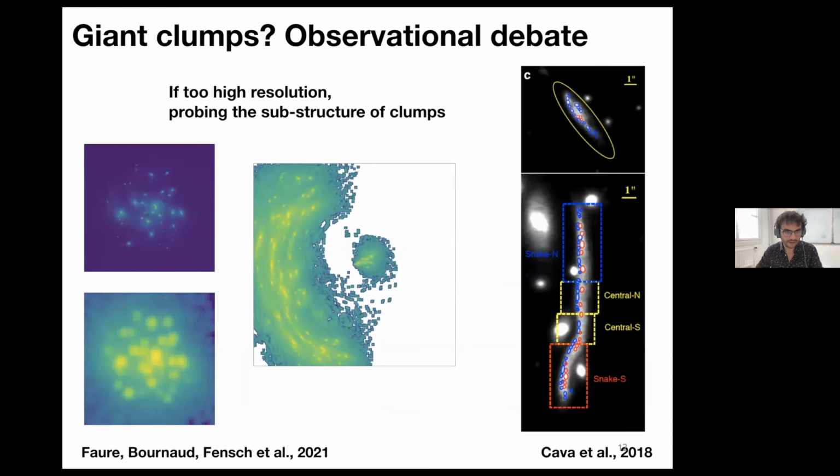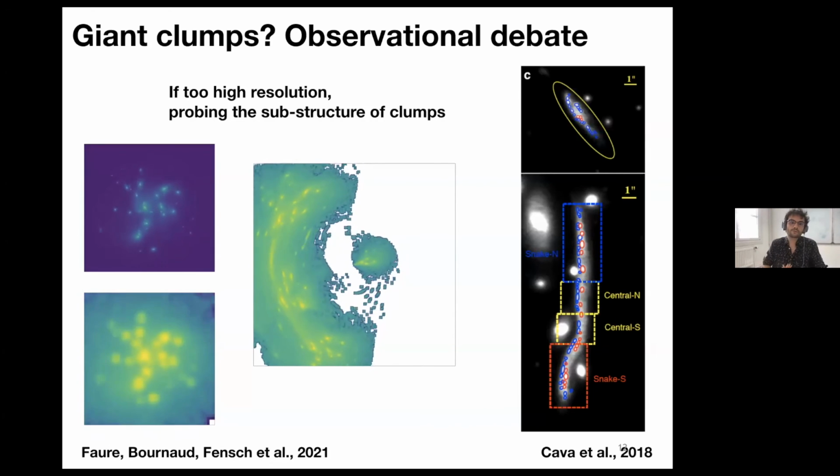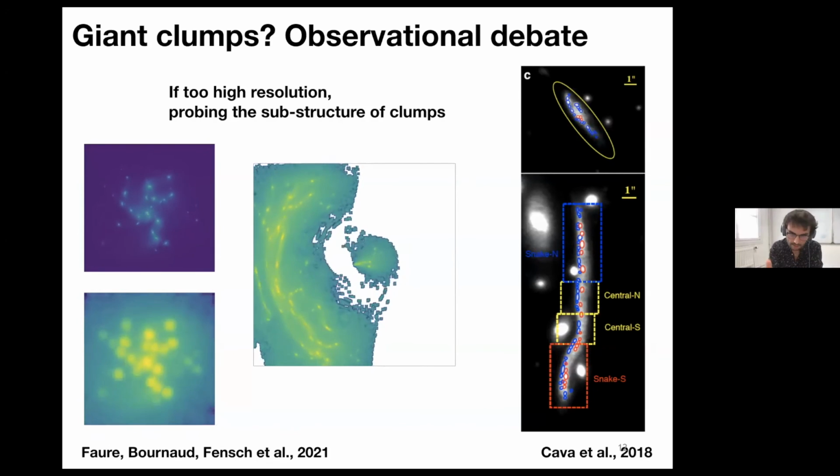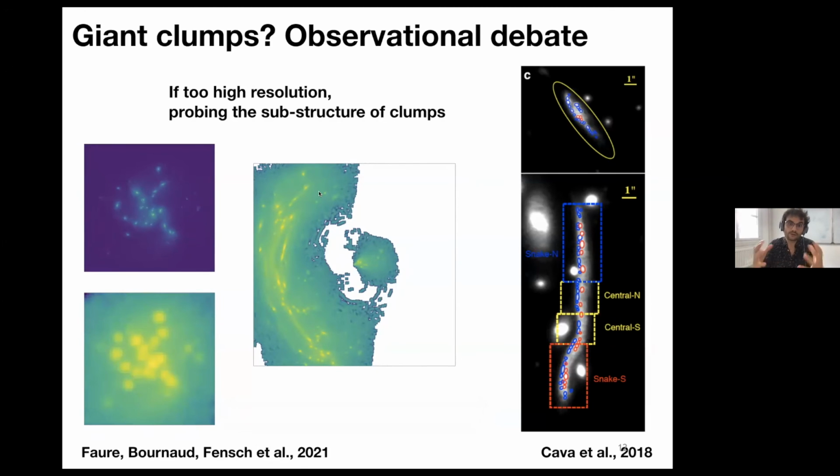I'm trying to play the movie again. You see many more clumps when you're using a lens because you're stretching your observations, and you don't resolve the big clumps, which are actually unresolved accumulations of smaller structures.